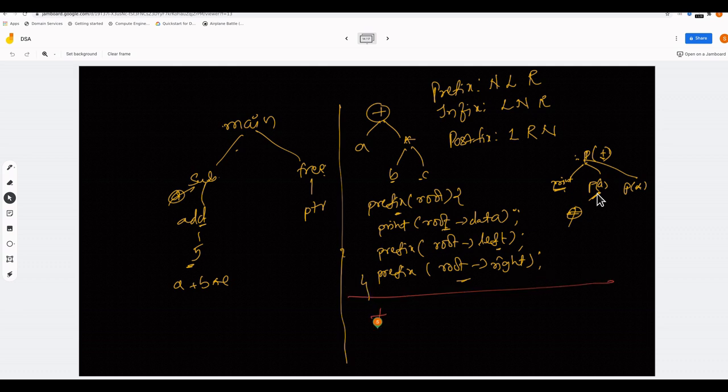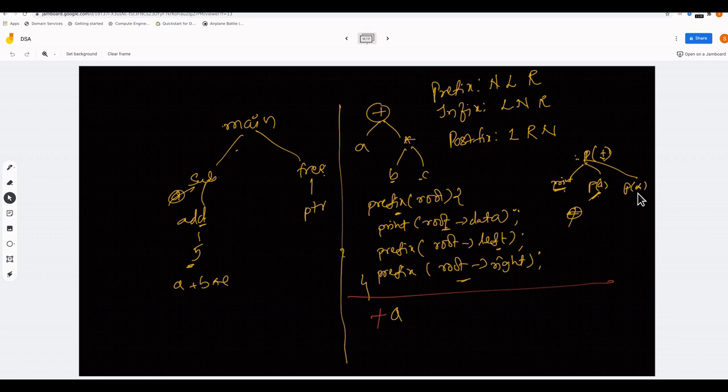So the output is here: it prints plus, and then it calls p of a. So it gets into the p of a function, and prints root dot data, which means it just prints a. And then the p of a part is done.